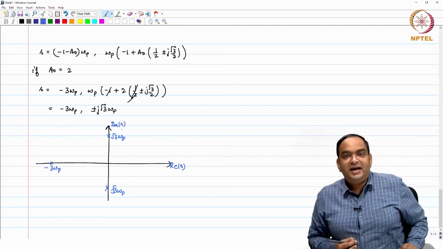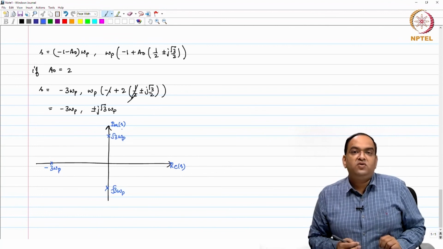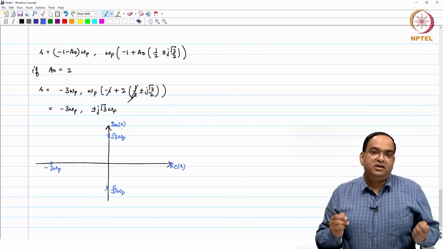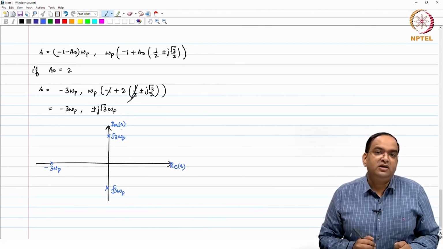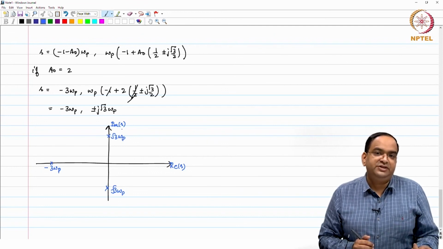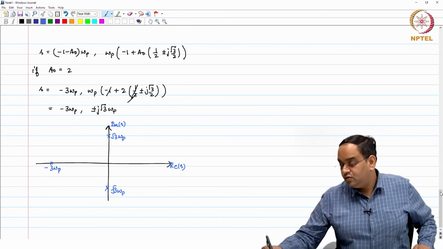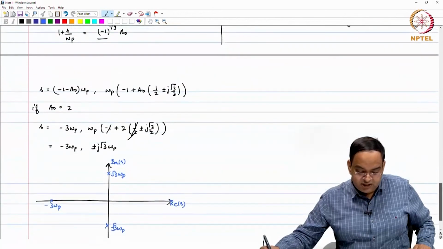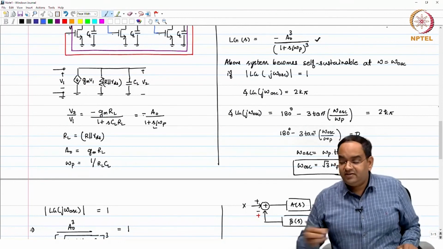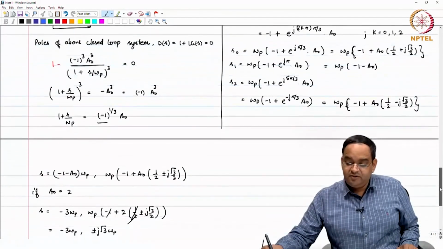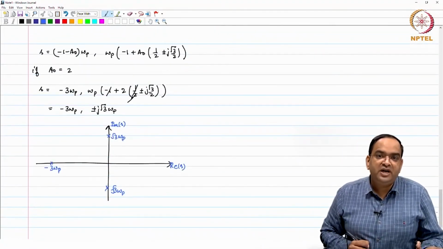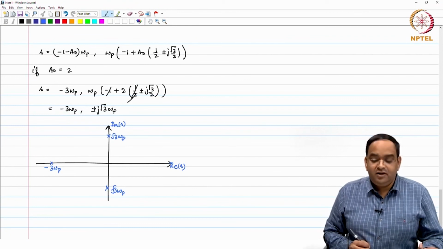So, now you can understand that if I choose A0 equal to 2, then at frequency √3 times ωp, you have poles on the jω axis, which will give you sustained oscillations. Okay. So, what we analyzed with the help of the loop gain and the phase, the same thing is revealed by the closed loop analysis, by the closed loop poles. If you have closed loop poles along the jω axis, then you will have sustained oscillations.